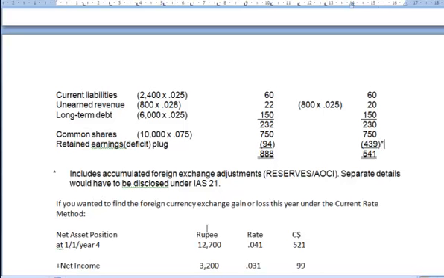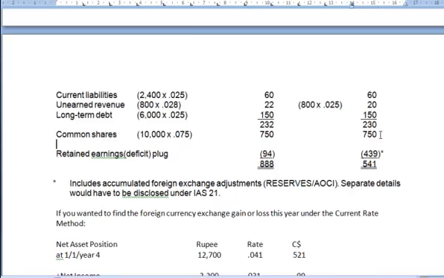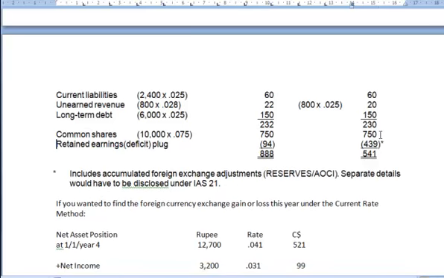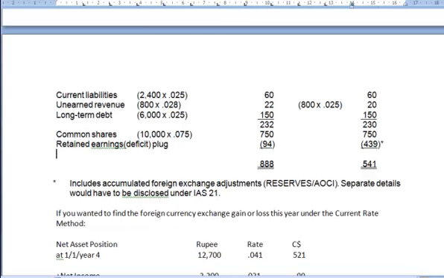If I had AOCI, or as we now know it, reserves, we could assume that if we had no opening balance of AOCI, that we would have negative 222, right?